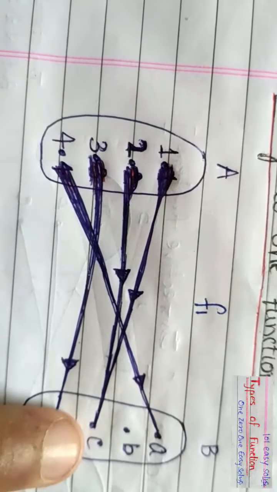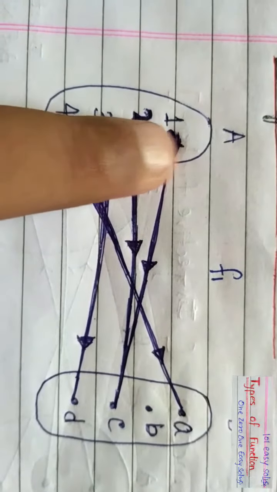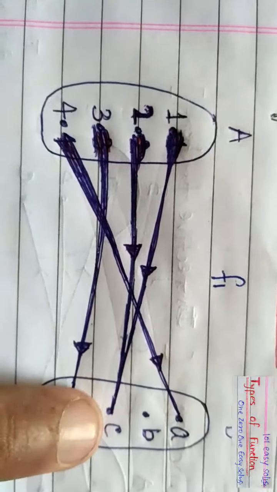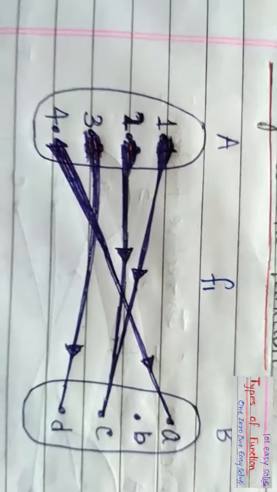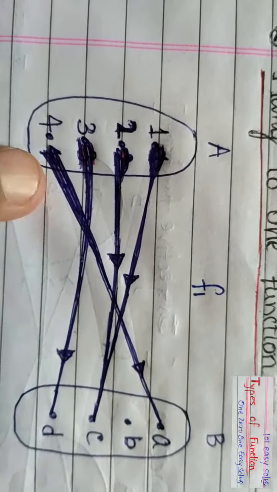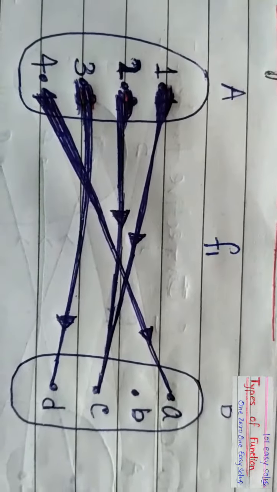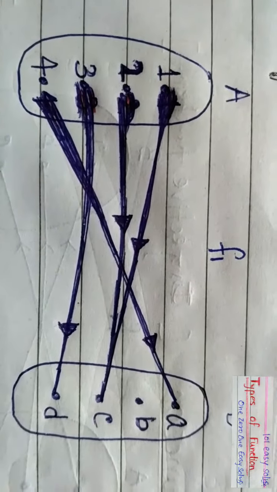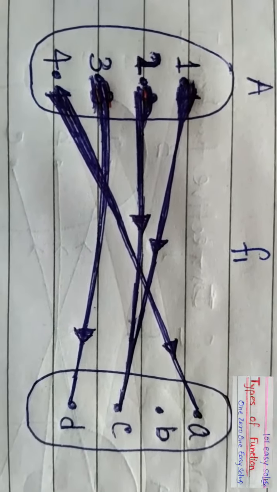Image of 3 is D and image of 4 is A. But these two elements 1 and 2 of set A have the same image C. So here images are not distinct.